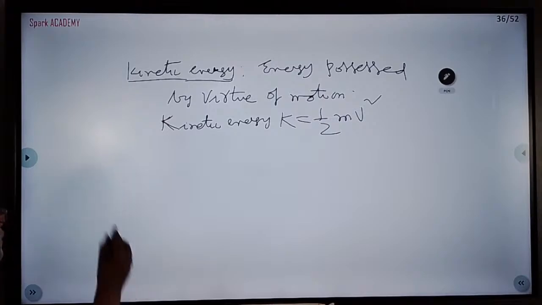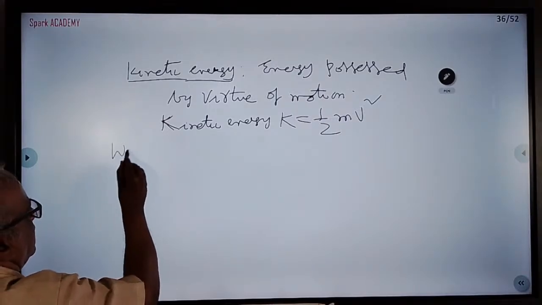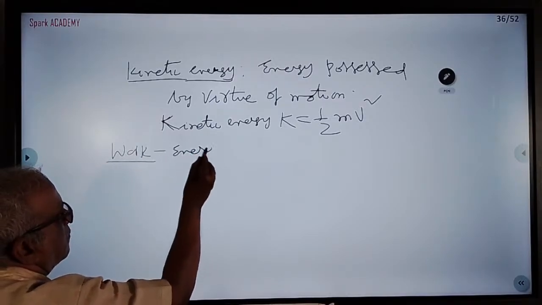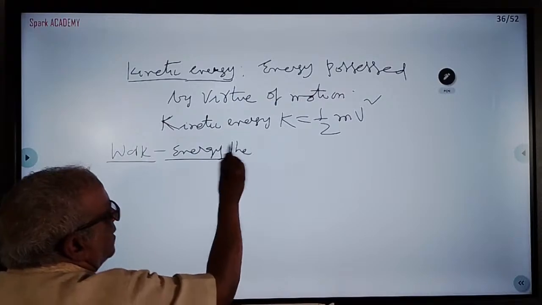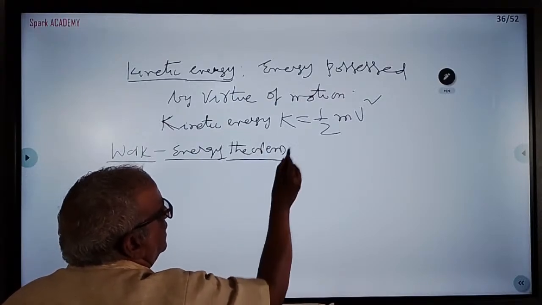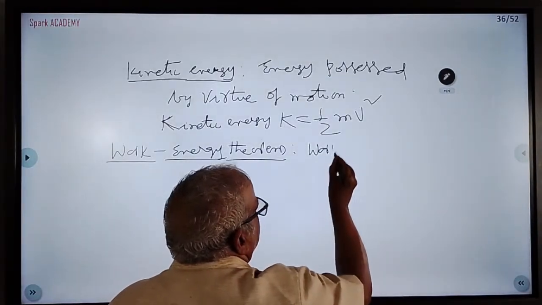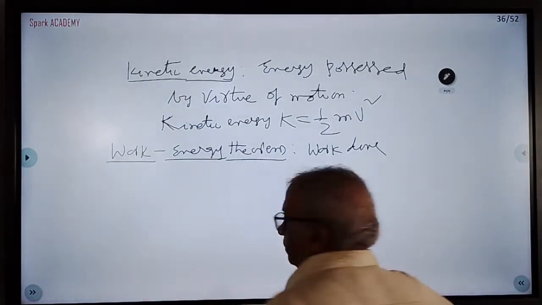Now I am deriving the work energy theorem. What is the work energy theorem? Statement: Work done by the resultant force is equal to the change in kinetic energy. That is the work energy theorem.